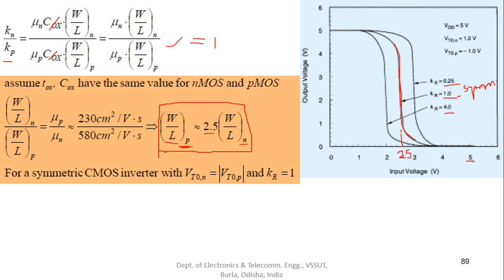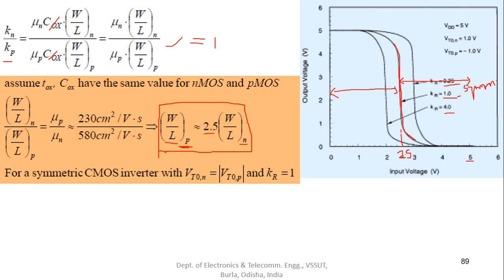So a symmetric inverter would have some sort of symmetry. It will be symmetric around VDD by 2, where the first half portion will be equal to the other half portion that lies between this VTH and the VDD.